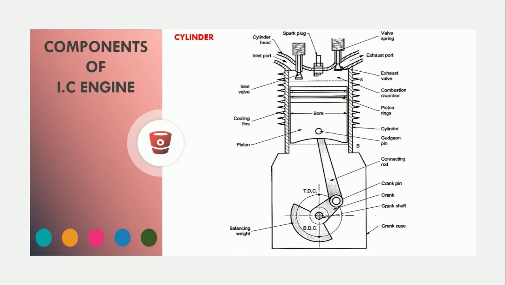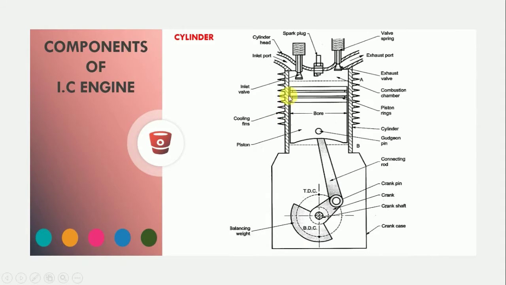And if we have combustion of fuel inside the cylinder, then heat is generated and your cylinder wall is going to heat. So just for the purpose of heat dissipation, we have to cool down that cylinder wall. For that purpose, here we are providing cooling fins.